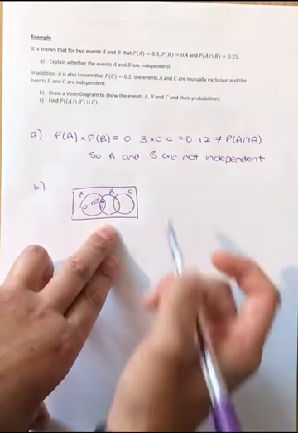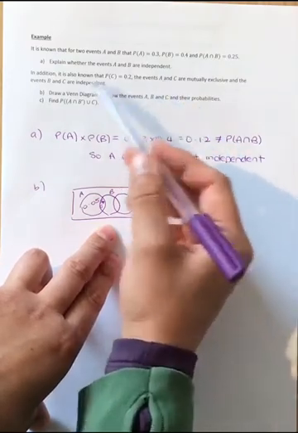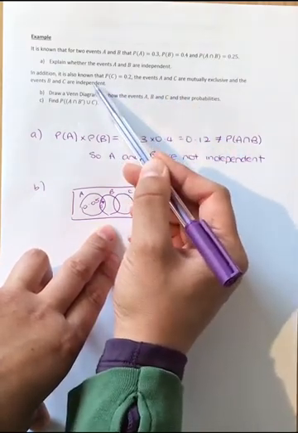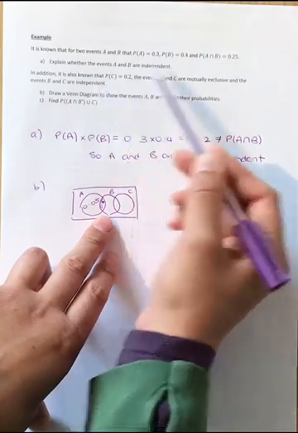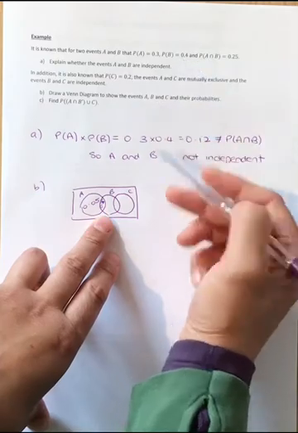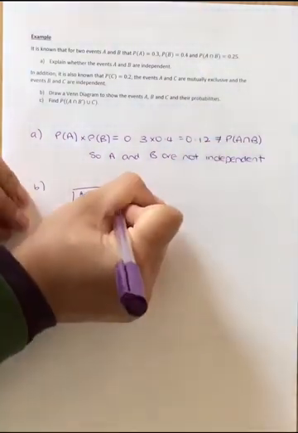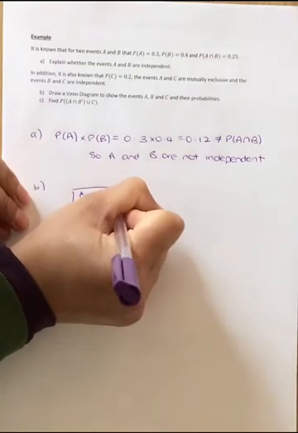We know that the probability of C is 0.2 and the events B and C are independent. So that tells me that my probability of B times my probability of C will give me the intersection. So we will have 0.08 in our intersection.